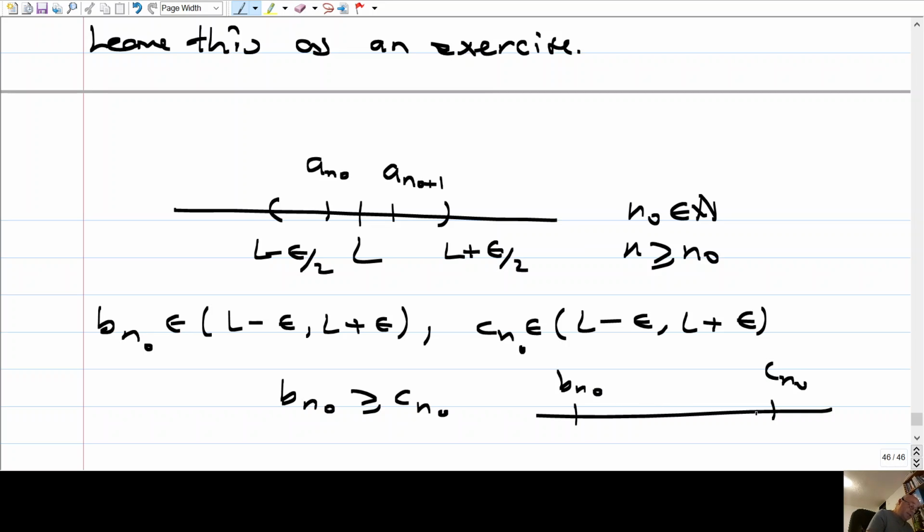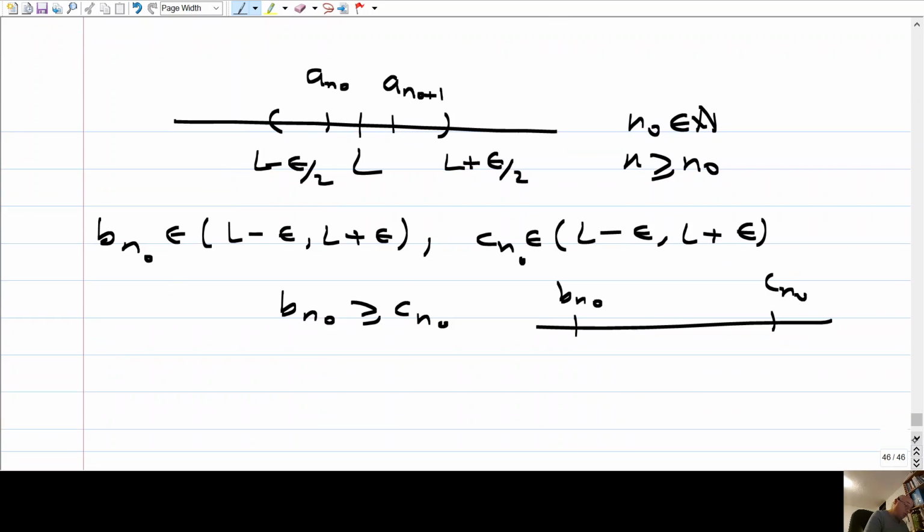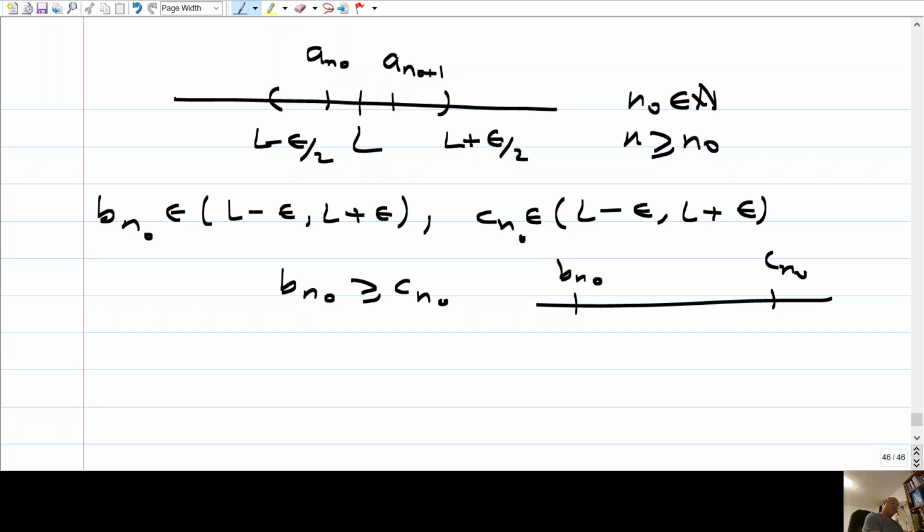This is increasing and this is decreasing, and they are both getting closer and closer to L. So I will leave the rest to you, as an exercise, so that you will show that both limits of Bn and Cn are equal to L. Okay.